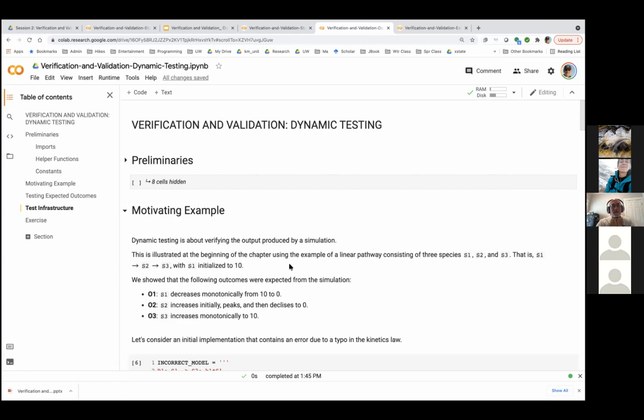So does this undermine the whole premise, that we're going to talk about dynamic testing and we're testing for the outcomes when we don't know what the outcomes should be? How do we get out of this quandary? The answer, again drawing from the experience of software engineering, is that you don't always know what the output of a function will be, but certain relationships should hold.